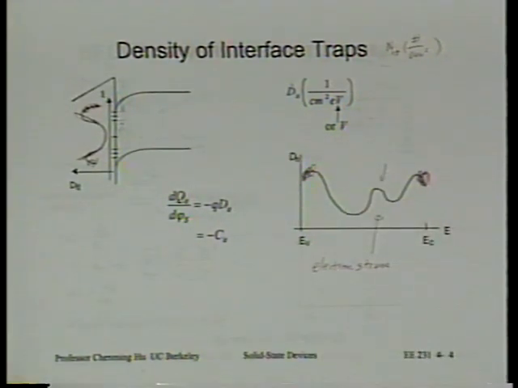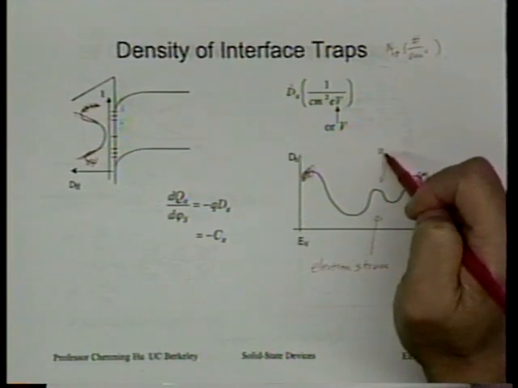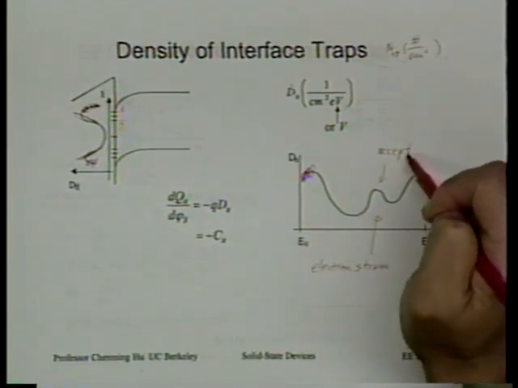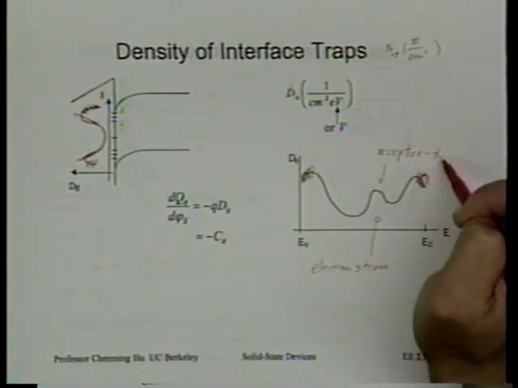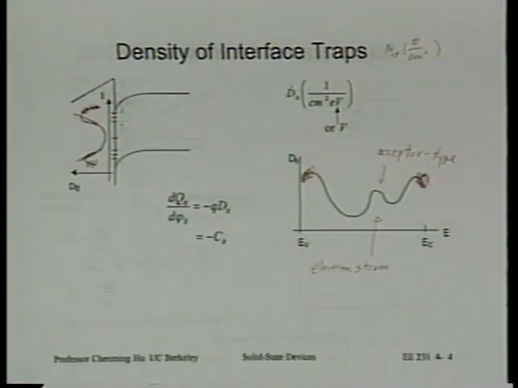Donor type or acceptor type? You expect it to be acceptor type. And therefore, if it's charged, do you expect it to be positive or negative? Negative, right? Acceptor type can be negative or neutral.